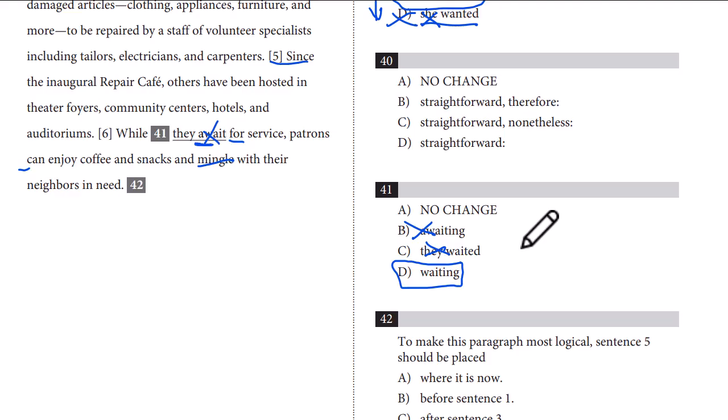It seems clear if you read it to yourself, with experience in English. While waiting for service, comma, we started with our subordinating conjunction, setting up our dependent clause. So yeah, while waiting for service, patrons can enjoy snacks. 41, the correct answer is D.